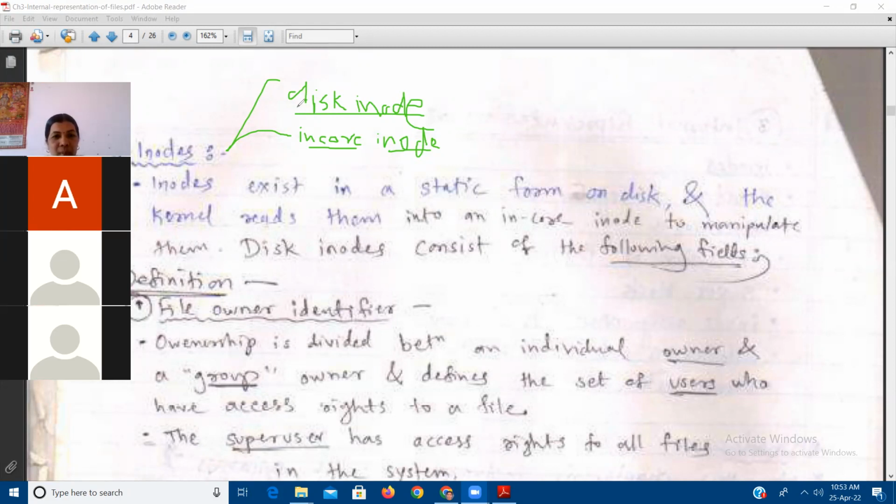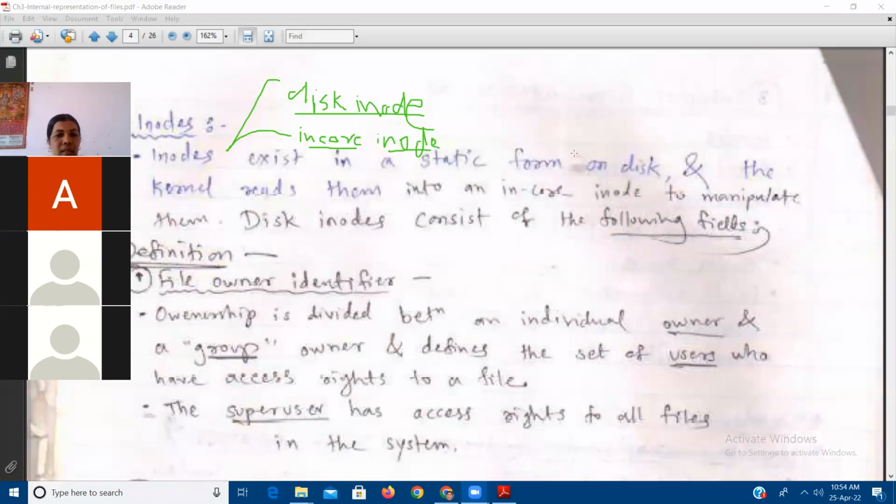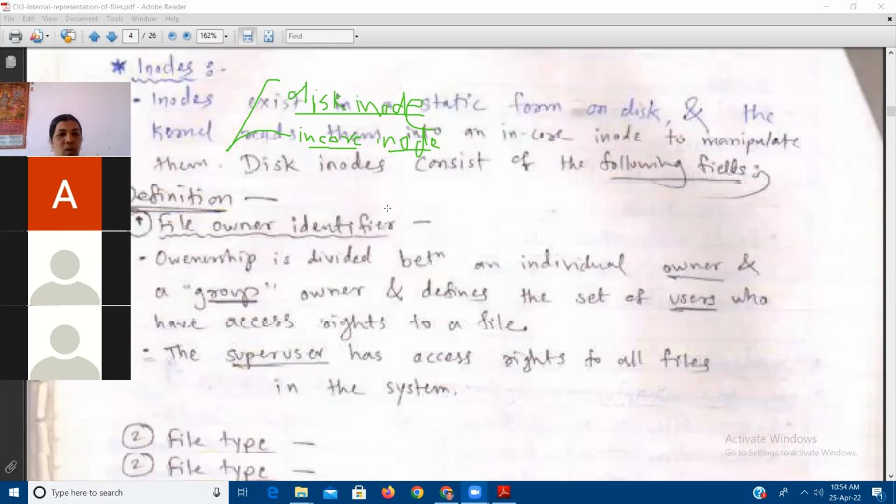First of all, we are discussing about disk inode. पहिल्यांदा आपण disk inode बद्दल डिस्कस करणार आहोत. These are the two types of inodes, disk inode and in-core inode. So first of all, we are discussing disk inode.